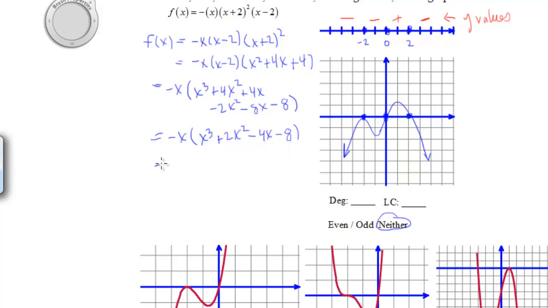And then the last step is to distribute the negative x through. So I get negative x to the 4th minus 2x cubed plus 4x squared plus 8x. And then that would be considered standard form of the polynomial.